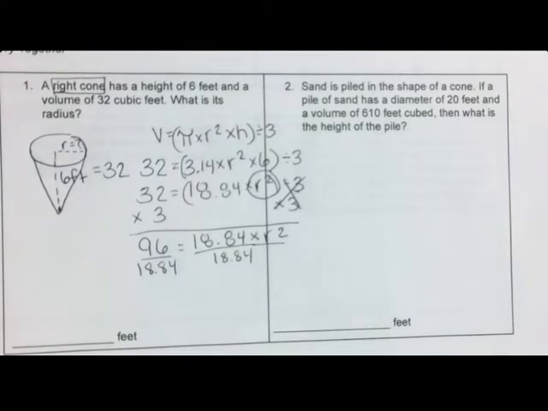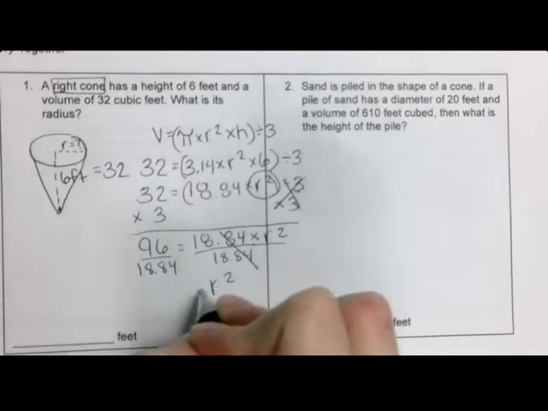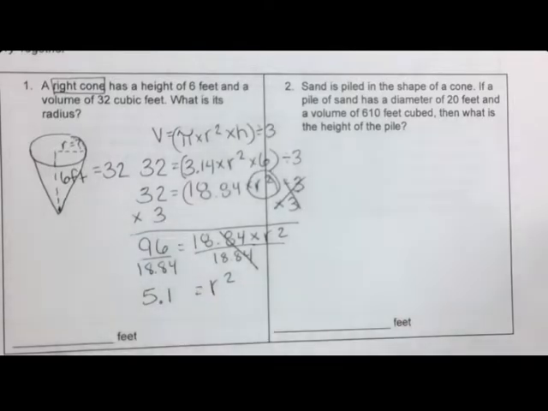What is 96 divided by 18.84? You can just round it. We'll go with 5.1. We worked a ton the past few weeks with Pythagorean theorem, and you ended up with something squared. How did you undo that square?